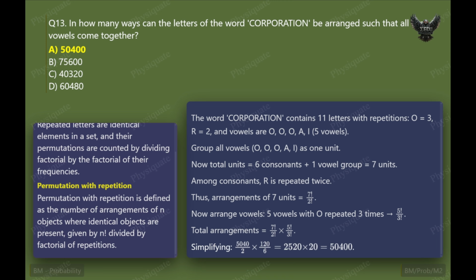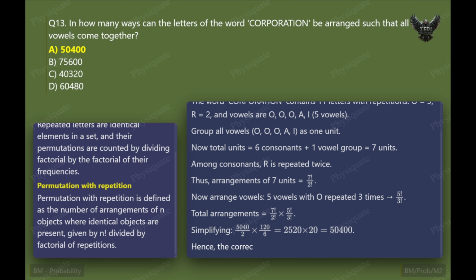Simplifying, 5040 divided by 2 times 120 divided by 6 equals 2520 times 20 equals 50,400. Hence, the correct answer is 50,400.